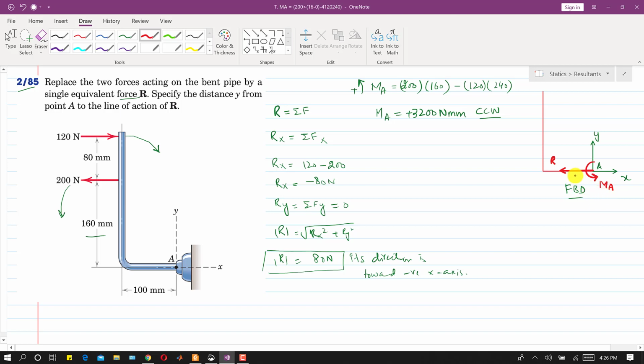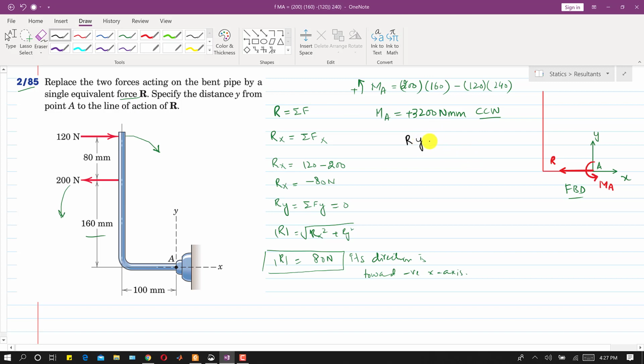Now we will find the distance of this R from this point A, and we will move this R in such a direction that it should produce the same moment in the same direction, right? So we will find the perpendicular distance of R from this point A. It is said to specify the distance y from point A. Let's suppose the distance is y.